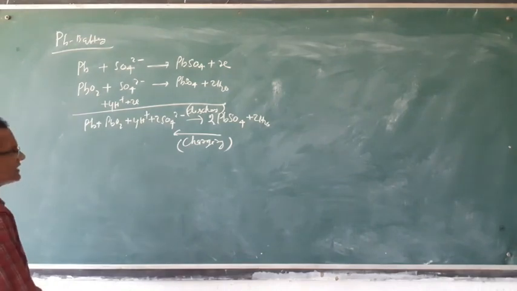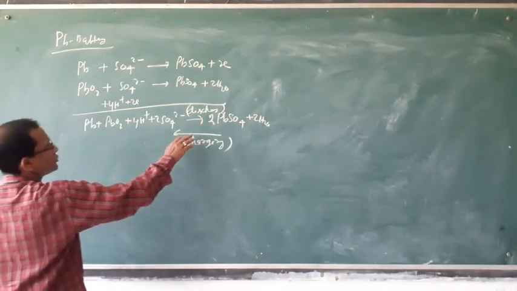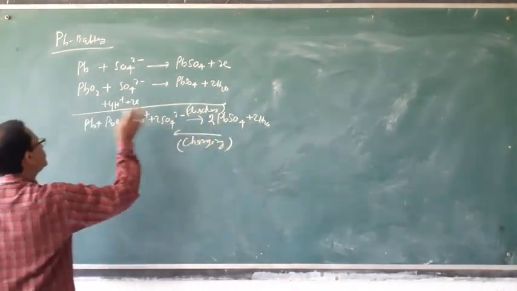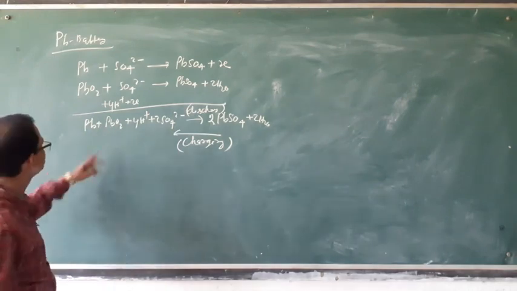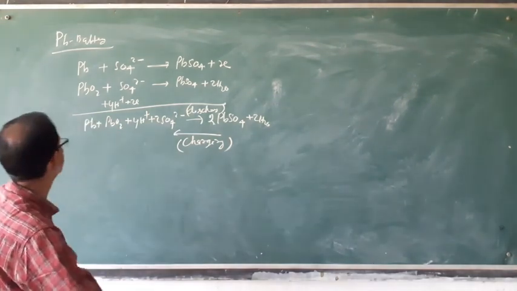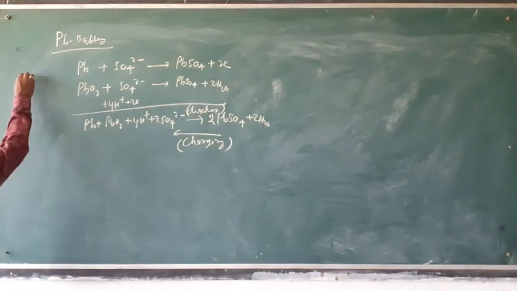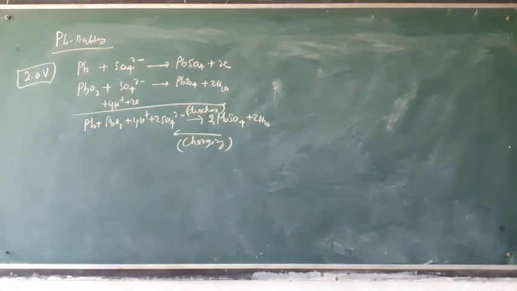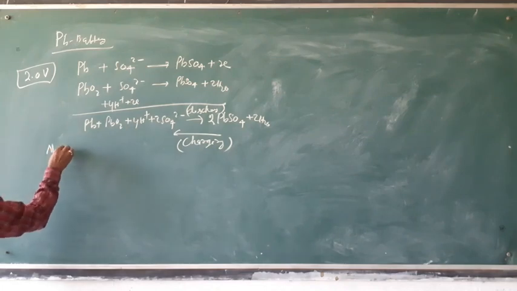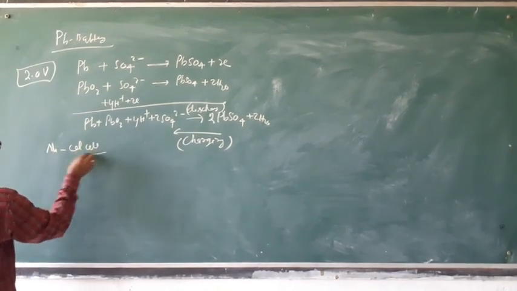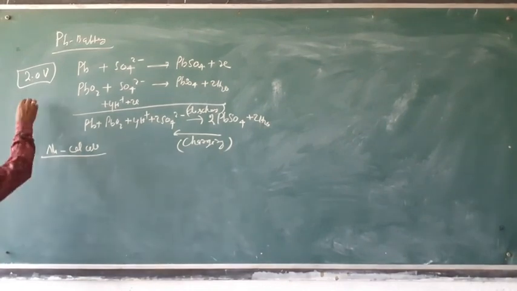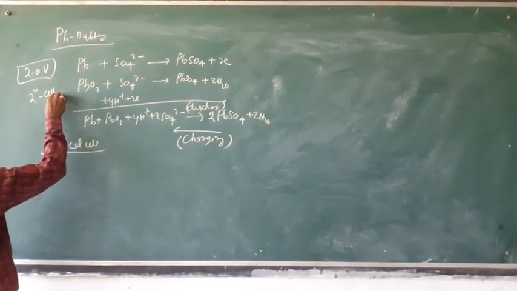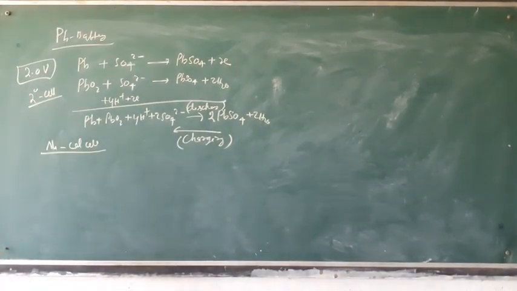When you write the charging reaction, it will be 2 PbSO4 plus 2 water converting to this. Discharging is like this. So about 2.0 volt is produced. Then the nickel cadmium cell. This is called a secondary cell. It is also a secondary cell.